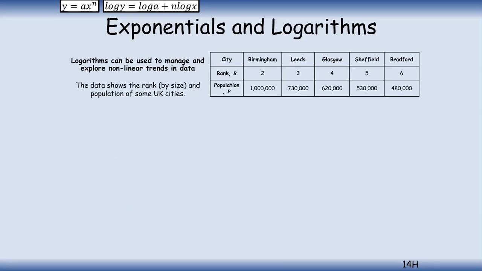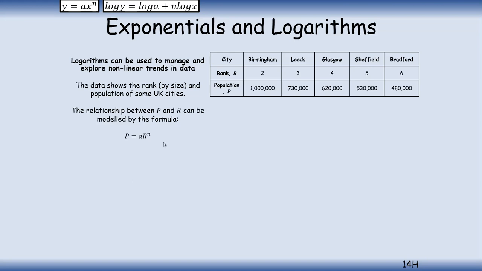Okay, example. We're looking at some cities in the UK, and we're ranking them based on the population in those cities. So we've got Birmingham, Leeds, Glasgow, Sheffield and Bradford, ranked in the UK by the number of people that live in them.